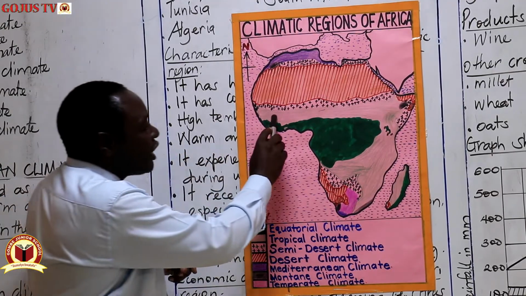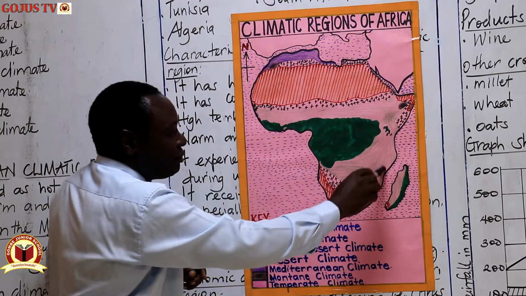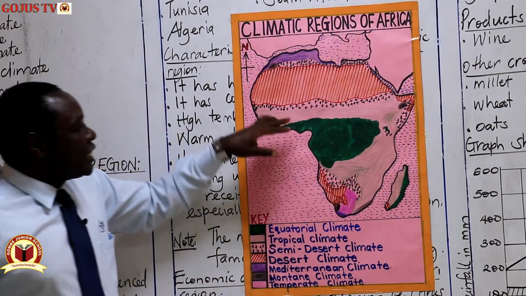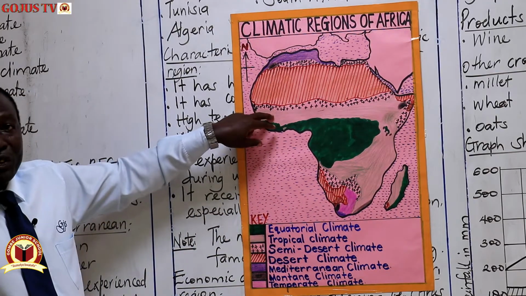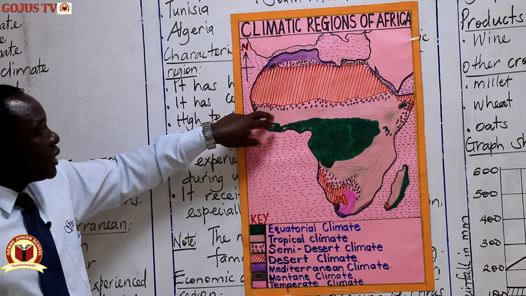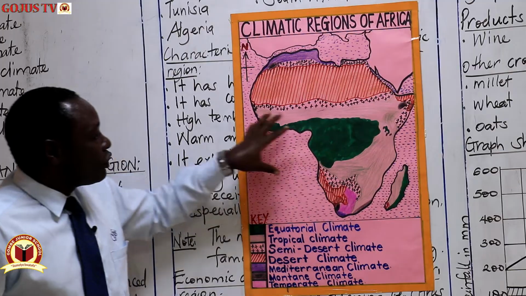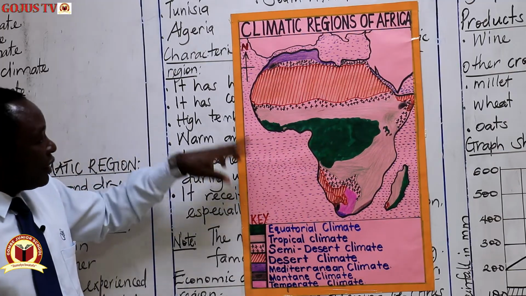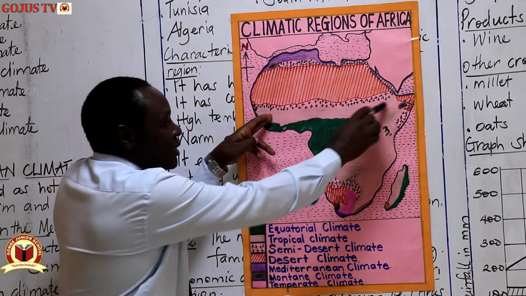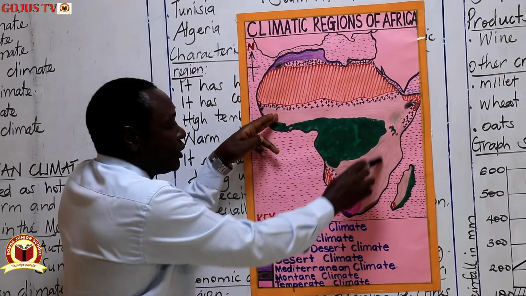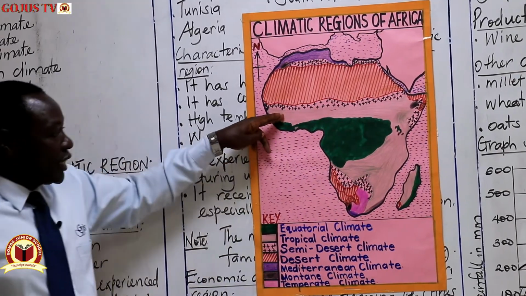Tropical climate covers this region here. It is the largest climatic region in Africa. We shall look at the factors that make this region the largest later. This region covers the largest part of Africa.